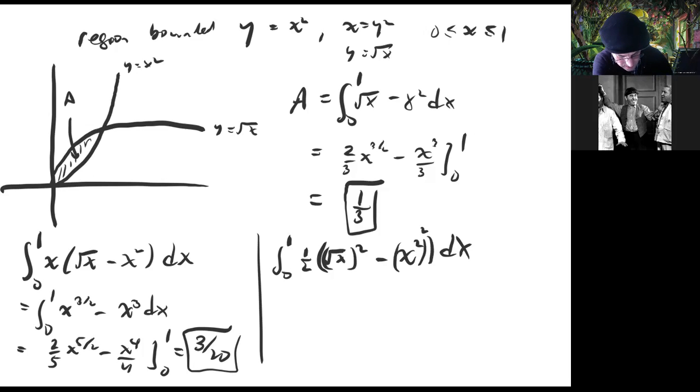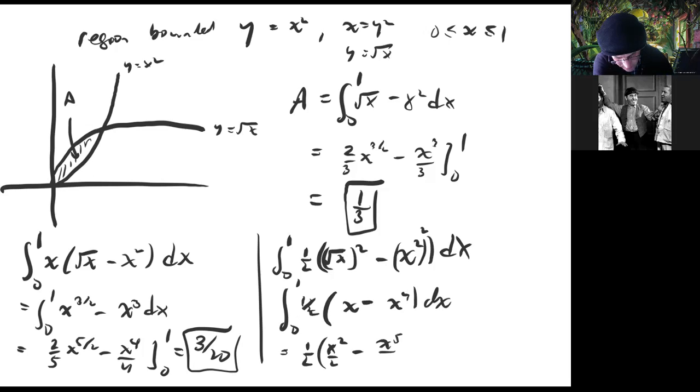Okay, and so this is the integral from 0 to 1 of 1/2 x minus x to the 4th dx, which is 1/2 x squared over 2 minus x to the 5th over 5 from 0 to 1. And 1/2 minus 1/5 times 1/2 gives you, again, 3/20 in this case. You get the same answer because of the symmetry here.